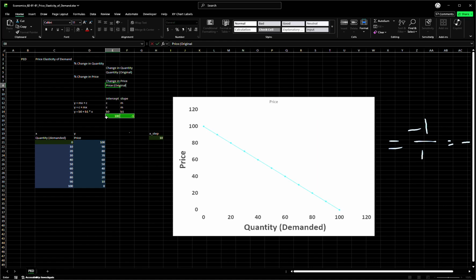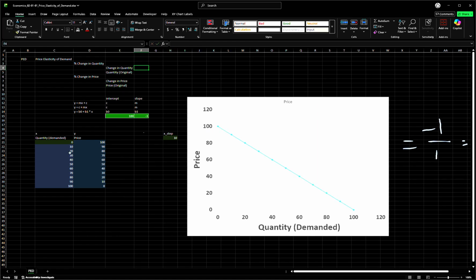So this is the price after, this is the price before. The price before is basically going to come from this cell. Okay, so the problem is, what's the price after, right? Price after is something we can choose. So which way do we want to go? We can only change one thing.